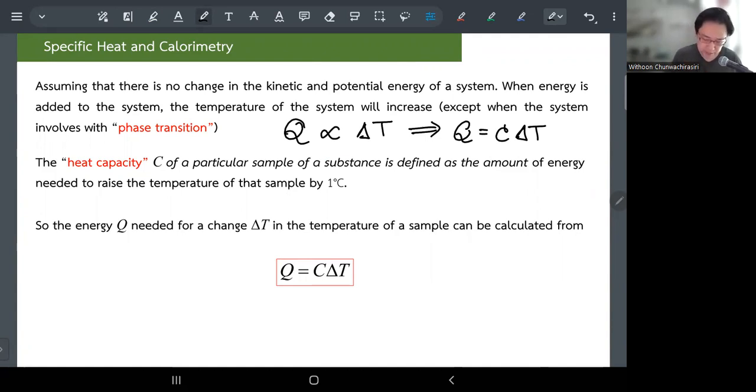What I'm saying over here is this, guys. Think about this. If you give some energy to an object, that object has to increase in temperature for sure, right? But it depends on the object. Some objects might have a big increase in temperature. Some objects might not have that big of a delta T. It depends on how that object can store the energy. You guys with me with this?